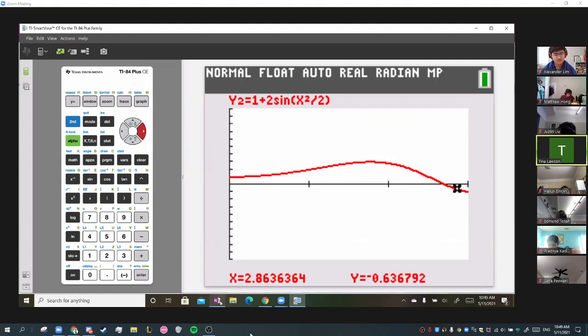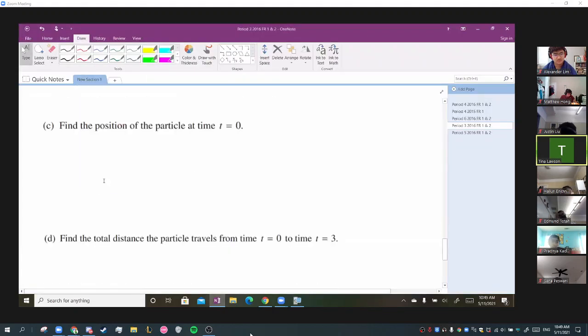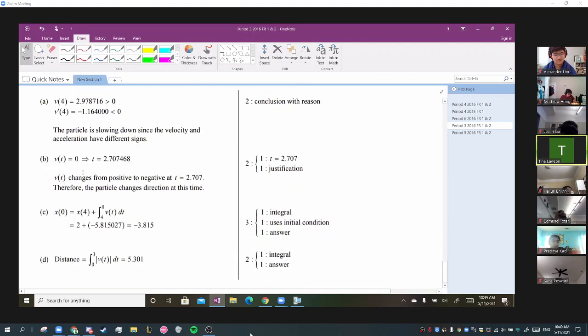So watch how they're stating this. See how you're proving to them you understood that that's where the velocity is 0, and then it changes from positive to negative. Or you can use interval notation.